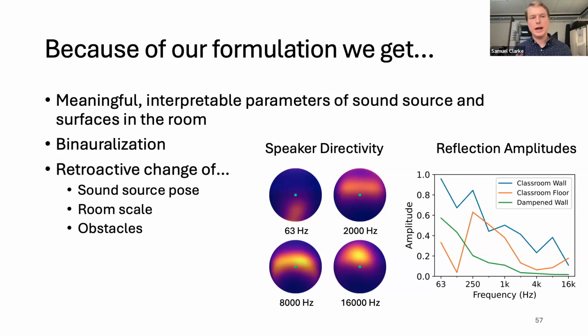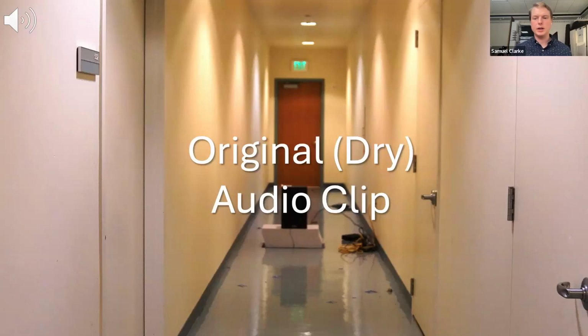We can also retroactively change the pose of the sound source or the scale of the room, or even add obstacles within our simulation after we've estimated these salient parameters. So here I'll play a qualitative example of how this can play out. This is in this very reverberant hallway.